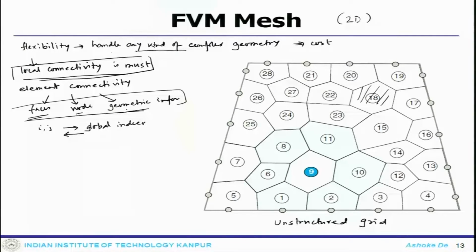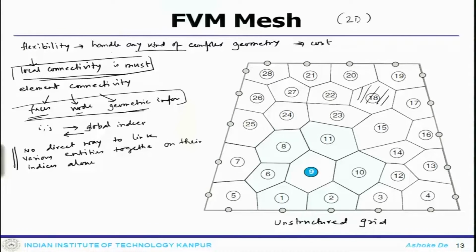So, that means, in an unstructured system there is no direct way to link various entities together on their indices alone. So, this is a very important statement.